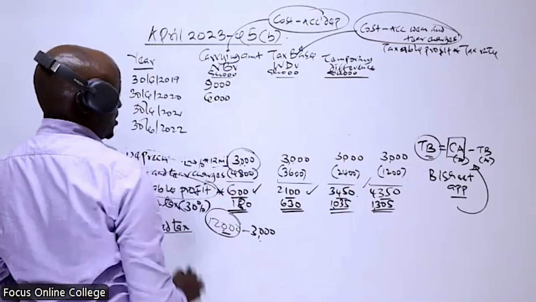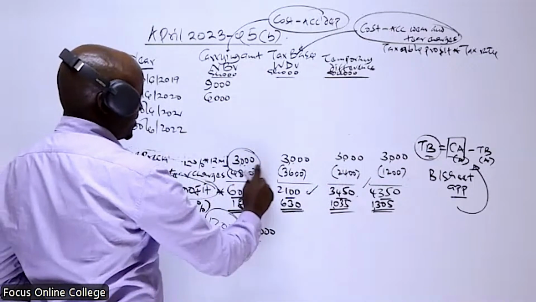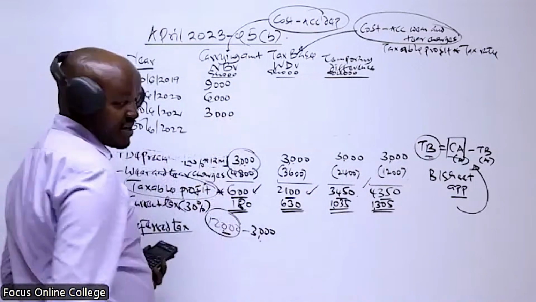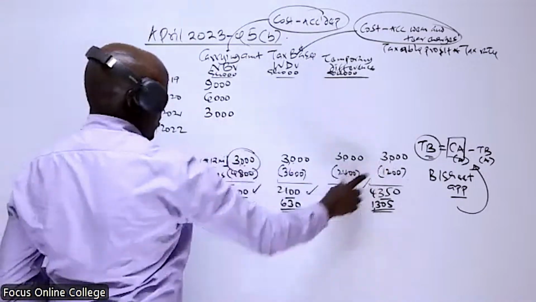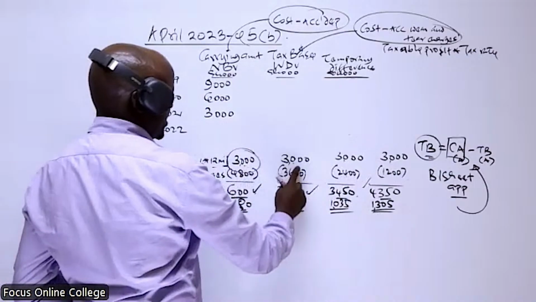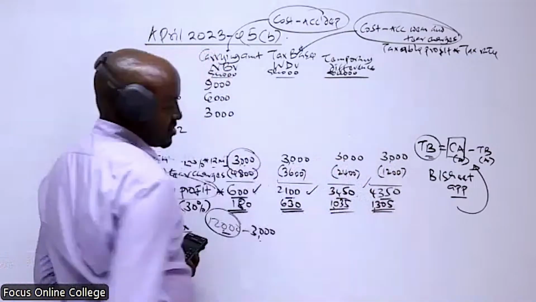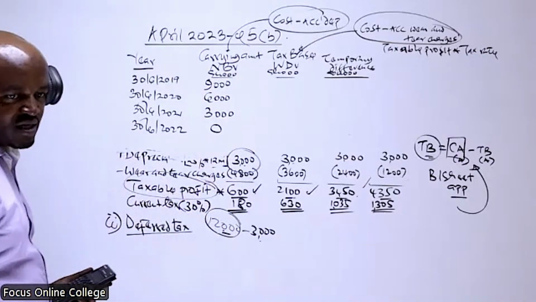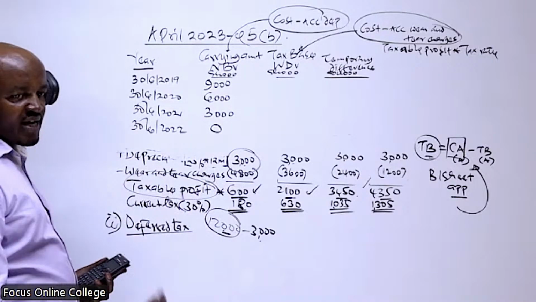In year three, we take this minus this minus this minus that, which gives us 3,000. In year four, we take the cost minus the four years of depreciation, and that gives us 0. Those are the carrying amounts, the net book values.